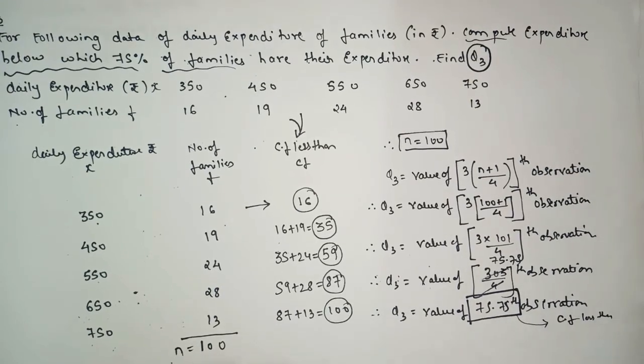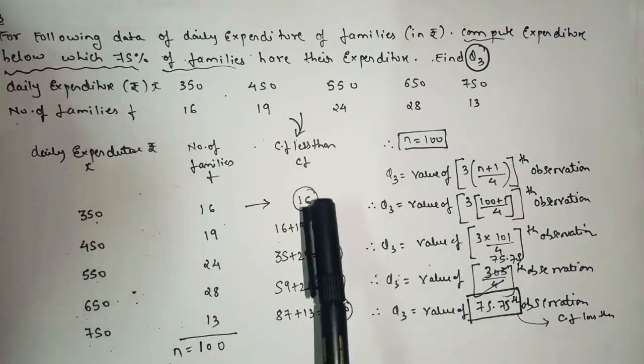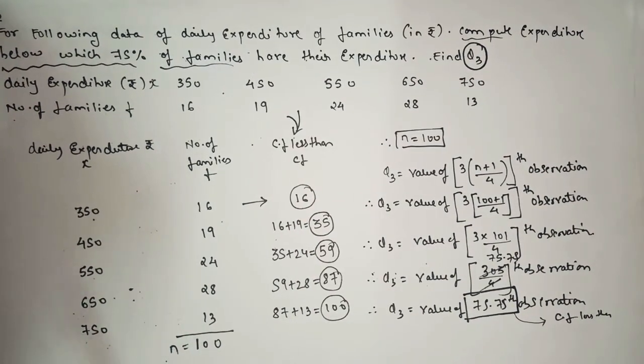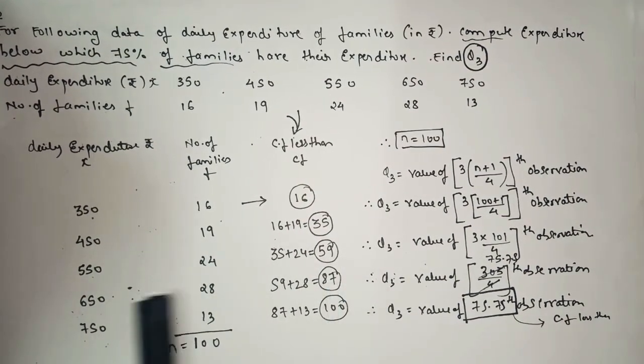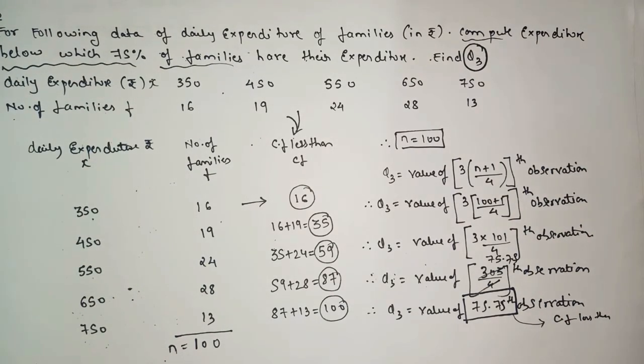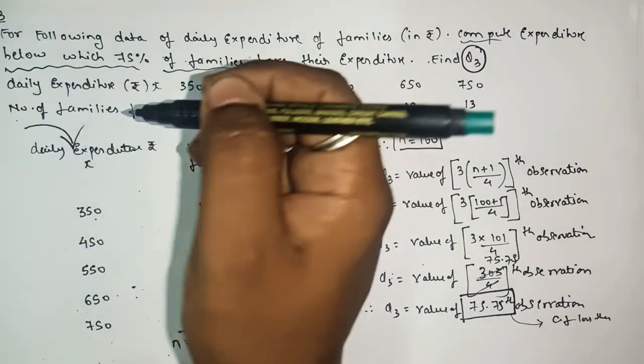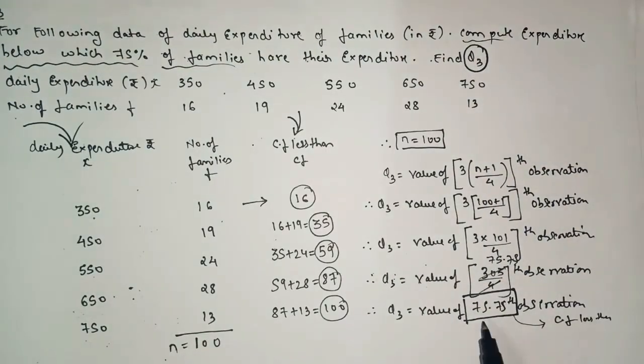Simply check in which row it lies, whether in the first row, second row, third row, fourth, or fifth. So your final answer will lie where? In the first column. So first we have to check which row 75.75 lies in.